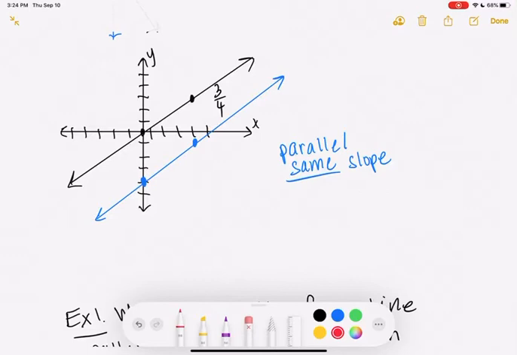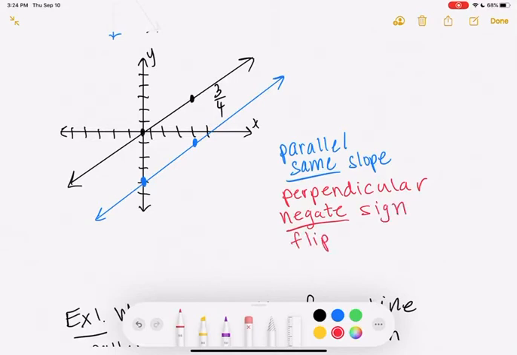Perpendicular, we have to do two things. We have to negate the sign and flip the slope, the fraction.